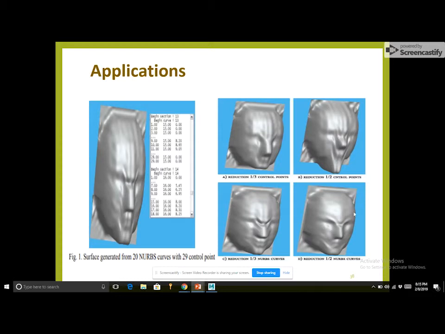So in this case, they were able to achieve a very smooth and fine face, which is much similar to the human face. So what they concluded is that this is the best approach while designing any objects or surfaces using NURBS curves.